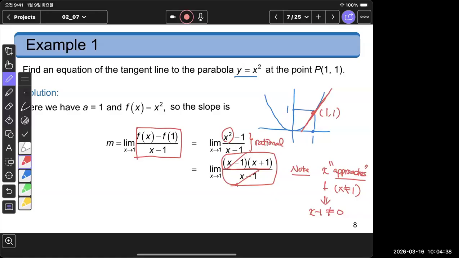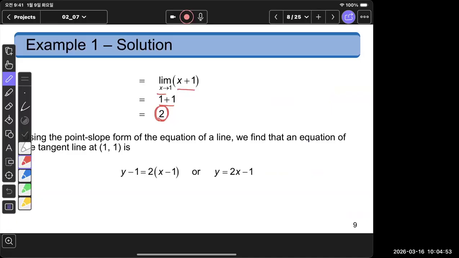But after I cancel this x minus 1 from the numerator and denominator, now I obtain a polynomial which is continuous at every point on the real line. So I can plug in this value 1 and get the value 2.